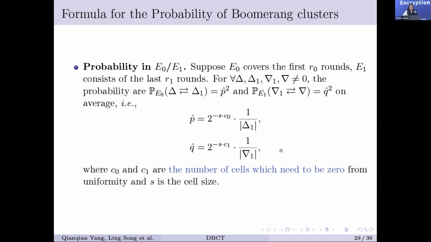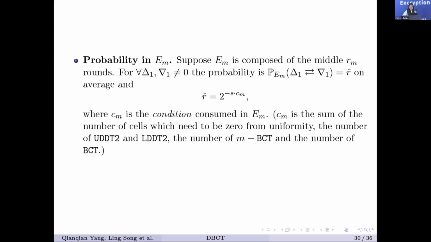In E0 or in E1, we use the numbers of cells which need to be zero from uniformity to describe the probability. And in EM, we use CM to describe the probability, where CM is the sum of the number of cells which need to be zero from uniformity: the number of UDDT2 and LDDT2, the number of MBCT and the number of BCT.